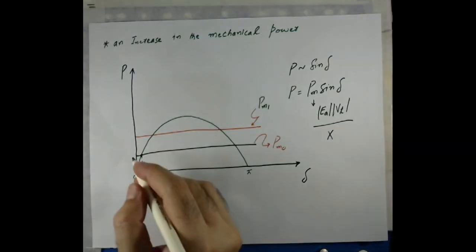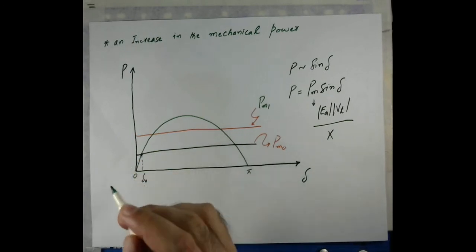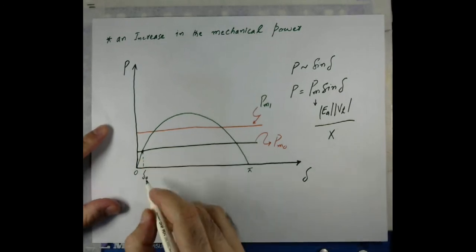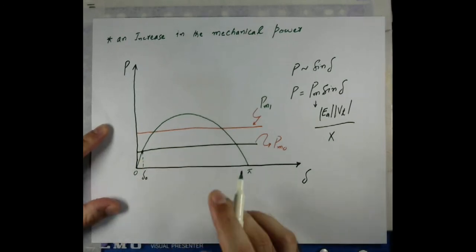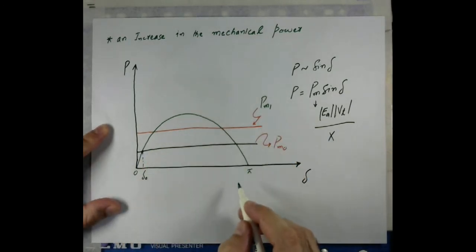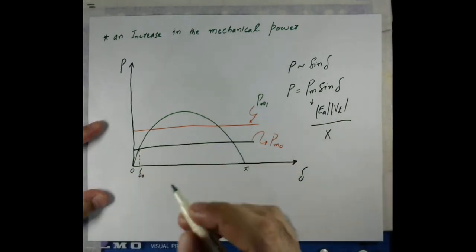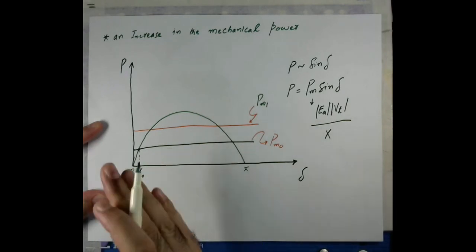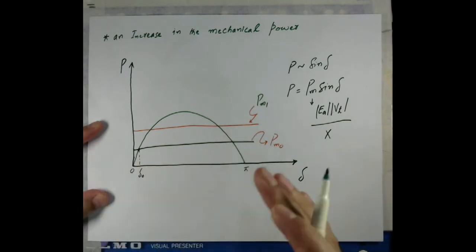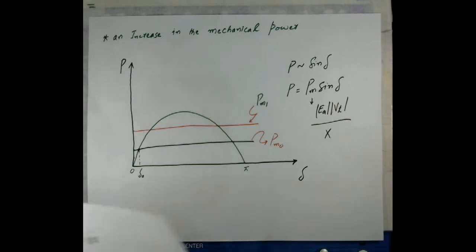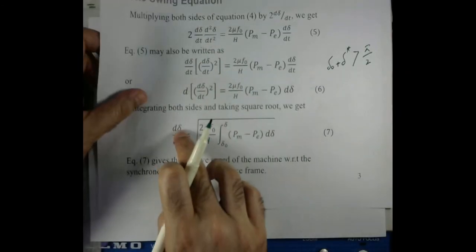At this point we were considering the machine to be running at synchronous speed with initial angle delta naught. If we apply the increase in the mechanical power, the speed of the machine will increase, and with that the angle will increase, because there will be relative speed.